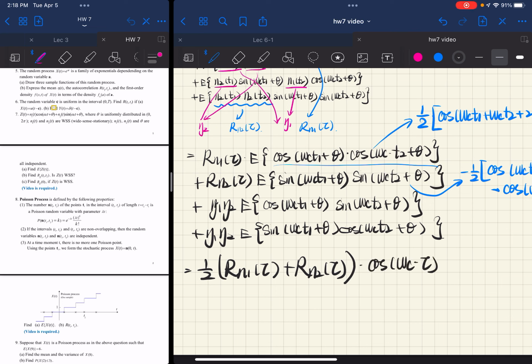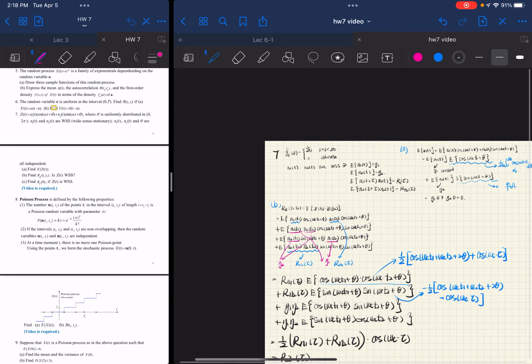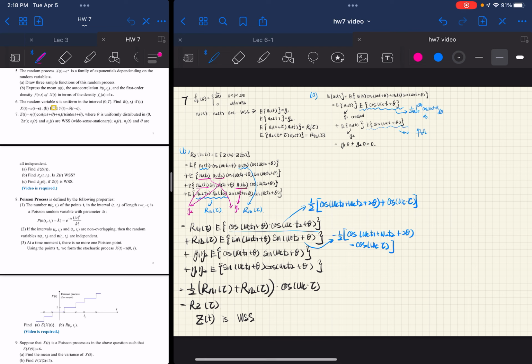So we can see that it depends only on tau. So we can derive that Z(t) also has the property of WSS, which is wide sense stationary. And let me make this part smaller.